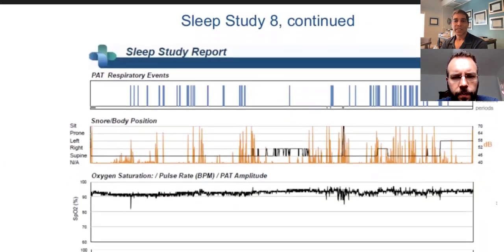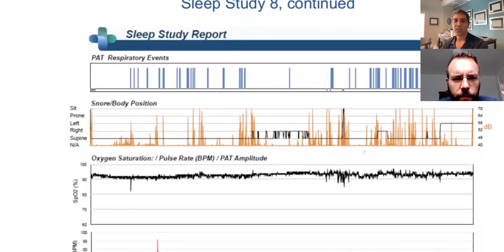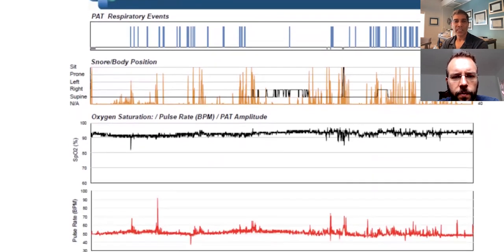And then you can see here little clusters of snoring, 1, 2, 3, 4, 5 clusters of snoring. And this one caused some volatility in pulse. And you can see the SpO2 kind of hugged low and then kind of went back up. I don't know.